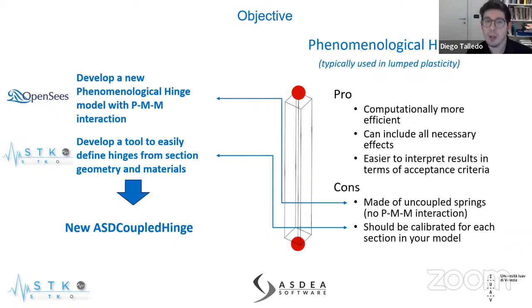This is done in OpenSees, so it means that you can use this model independently from STKO. On the other hand, in STKO, we developed a tool to easily define the hinges from the section geometry and the constitutive materials. So these constitute our new ASD-coupled hinge model.